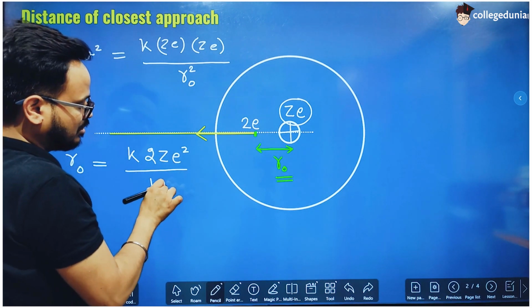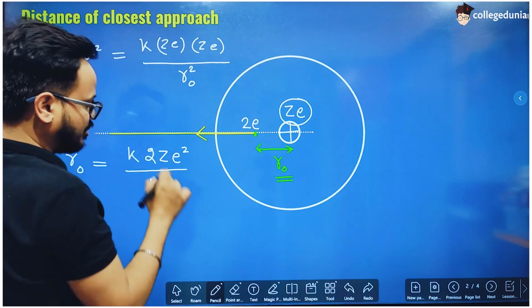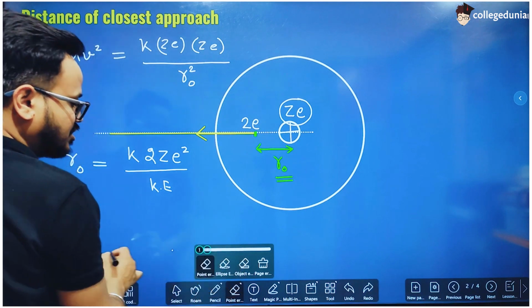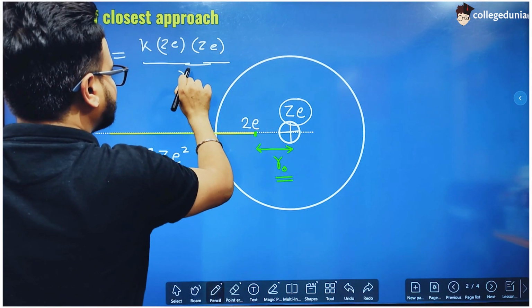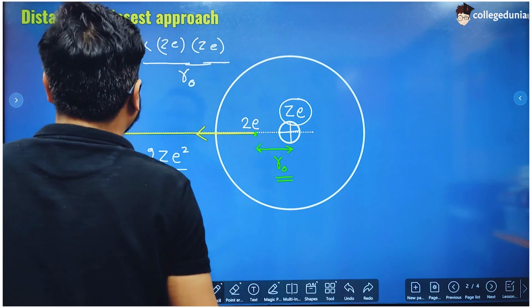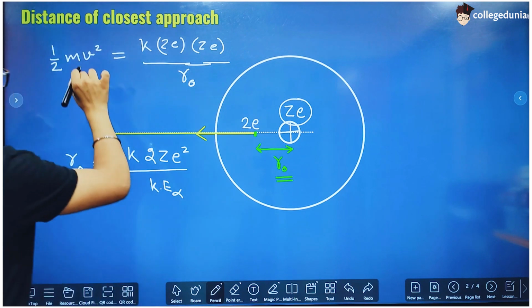I used the formula of force instead of energy. We have to use the formula of the potential energy and not the Coulombic force, because the kinetic energy converts into potential energy.